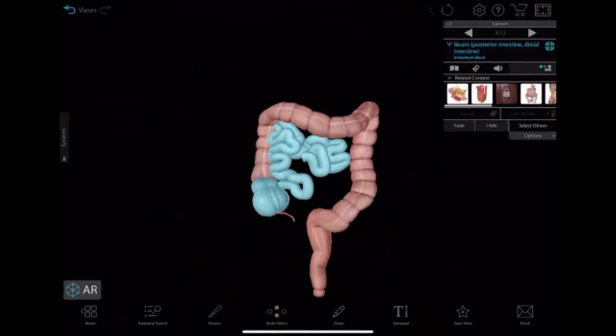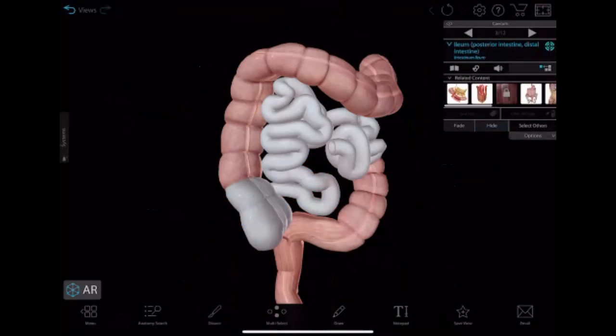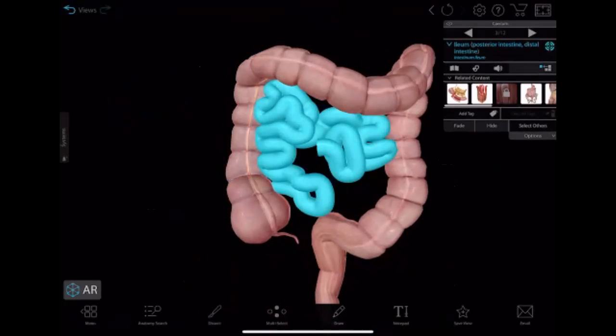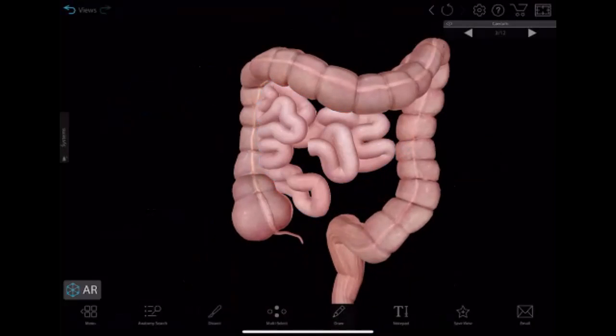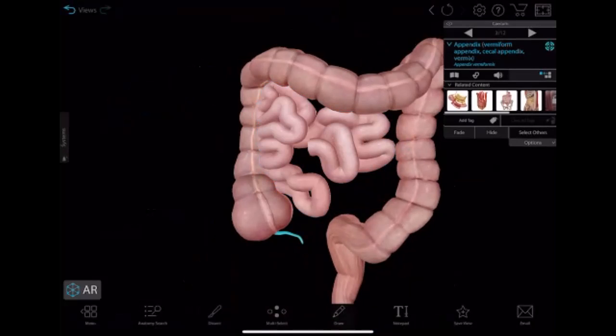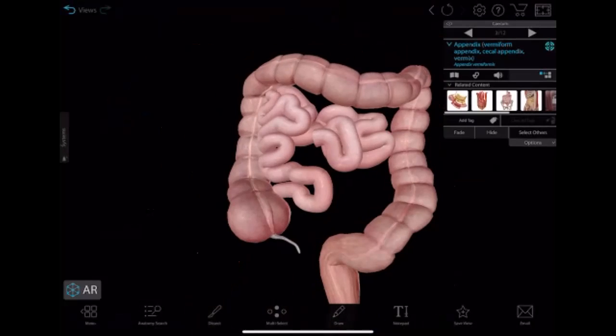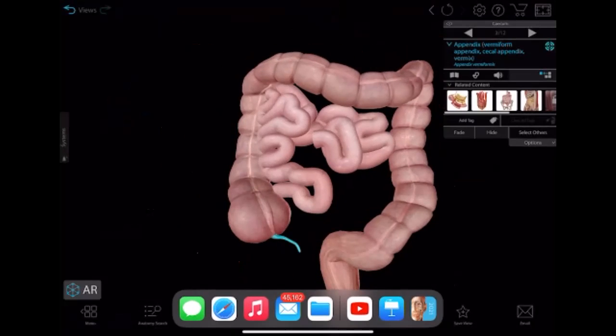So superiorly, it communicates with the ascending colon. That is the ascending colon, and this one is the ileum. And posteromedially, this one is the appendix. So these are the communications.